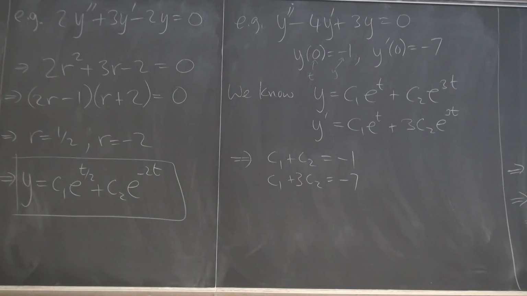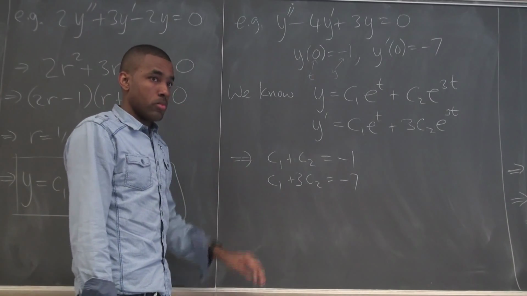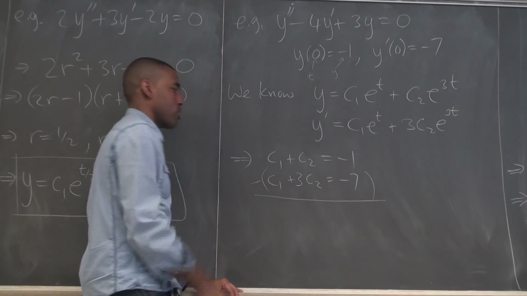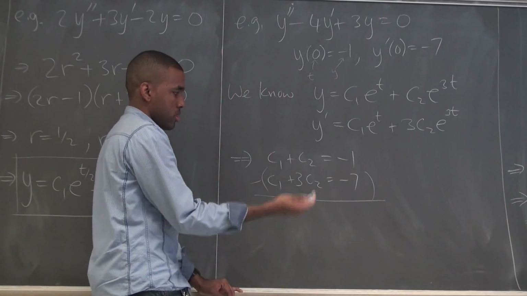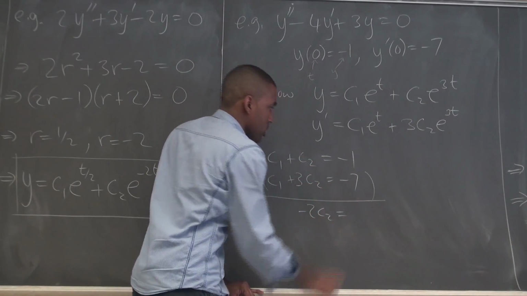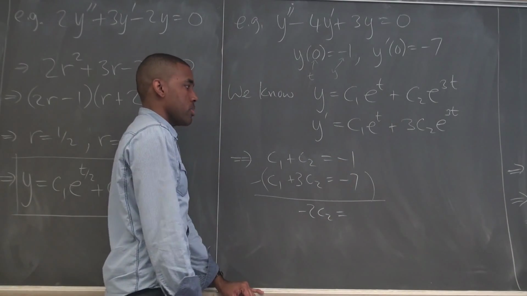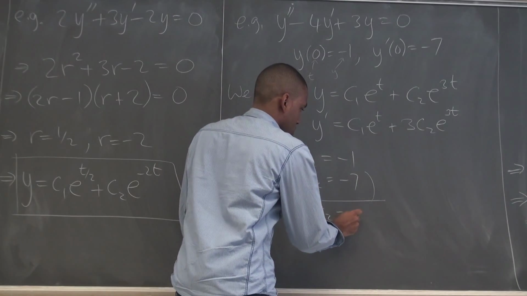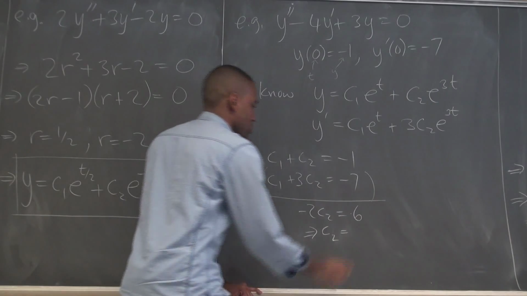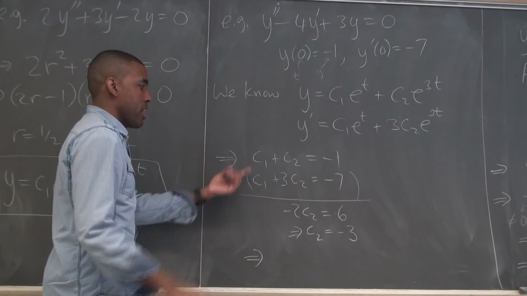So now I have a system of equations. I have two equations, two unknowns. How do we solve it? Your elimination method. Subtract the second one from the first one. c1 minus c1 dies. c2 minus 3c2 is minus 2c2. And this would give you minus 1 minus minus 7, which gives you positive 6. So this means c2 is minus 3. Plug it back into either equation, it would work.